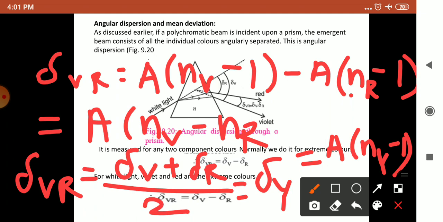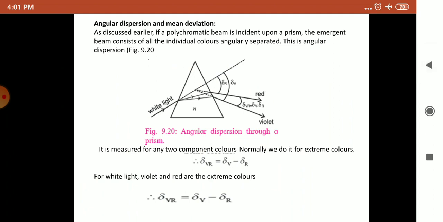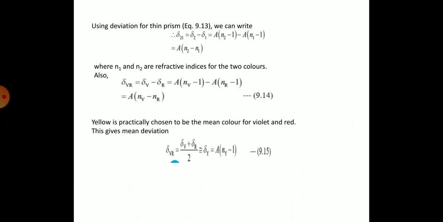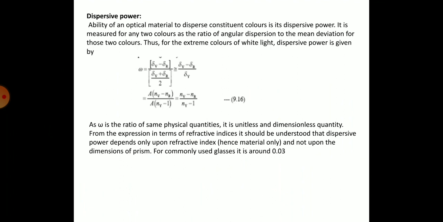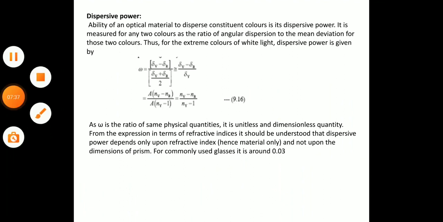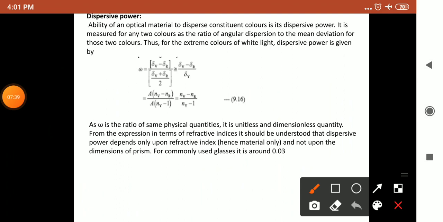Now further, this is the derivation, you can note it down. Now we come to dispersive power. Dispersive power is the ability of an optical material to disperse its constituent colors.